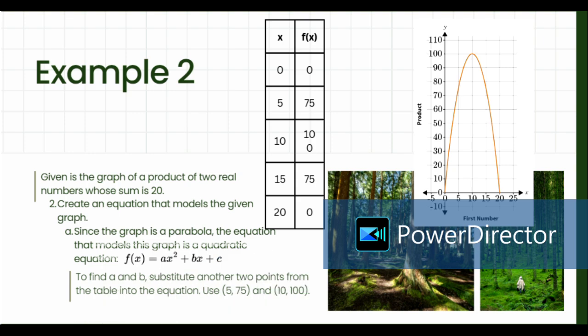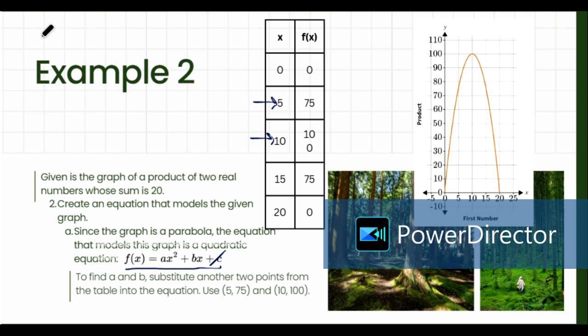So the first thing you're going to do is take 2 points from the table and use them to solve for a and b. They want us to use this point right here and this point right here. So we're going to take this original formula, except we don't have to include c for this specific problem, and plug these values into it, okay?